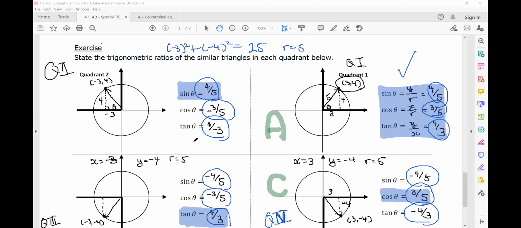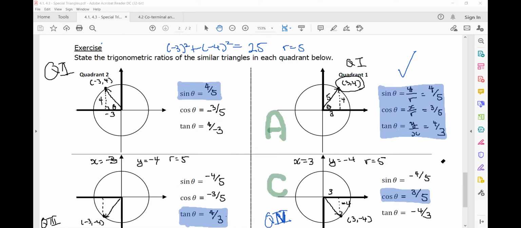In the second quadrant, all the ratios are negative except sine. And in the third quadrant, all the ratios are negative except tangent. If you read it from the fourth quadrant to the third quadrant, we spell the word CAST. So that's why we call it the CAST rule.